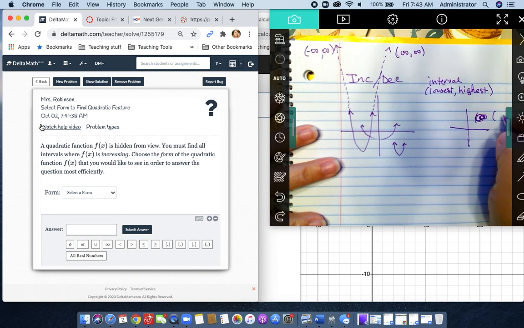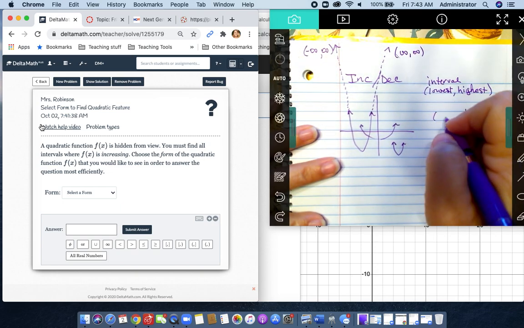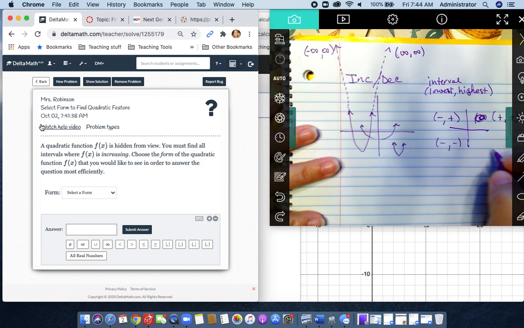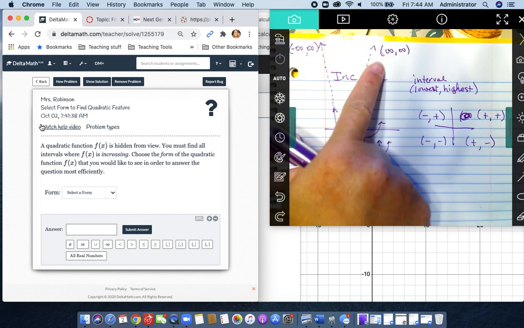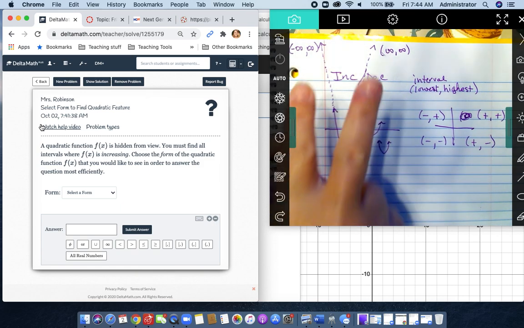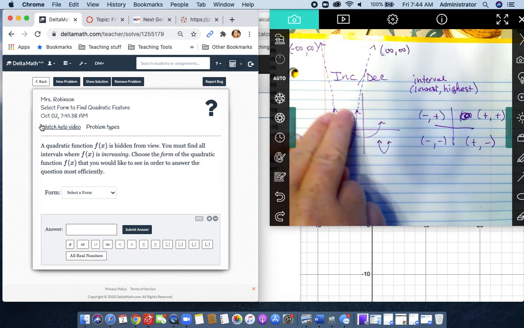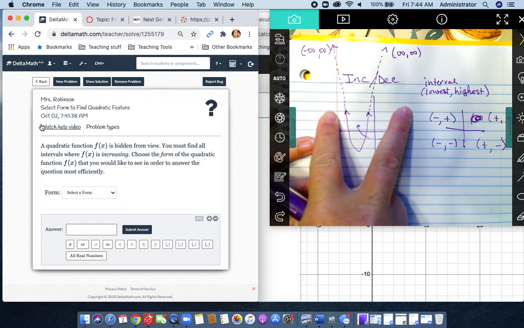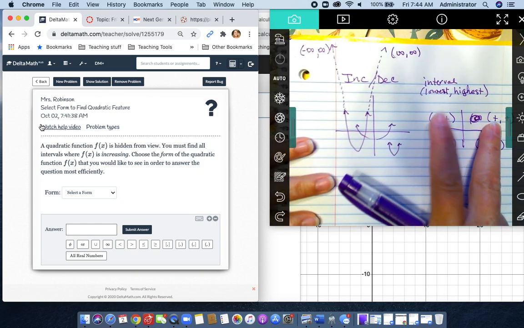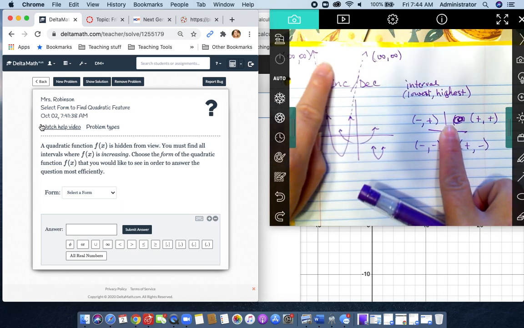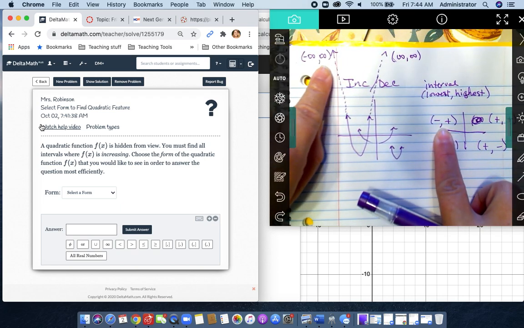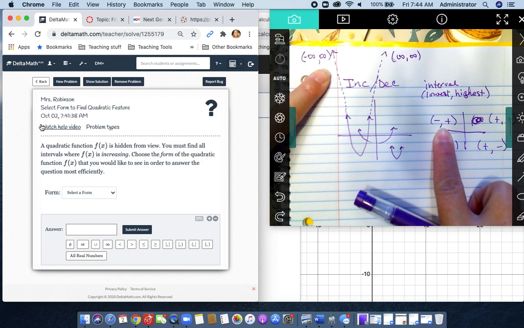Positive, positive in quadrant 1, negative, positive in quadrant 2, negative, negative in quadrant 3, and positive, negative in quadrant 4. These are the signs that correspond to your infinities depending on whether it opens up or down. So no matter where this parabola is, if it opens up, it's always going to be quadrants 1 and 2. So I'm going to write positive infinity, and then over here, negative infinity, positive infinity. Every time it opens up.